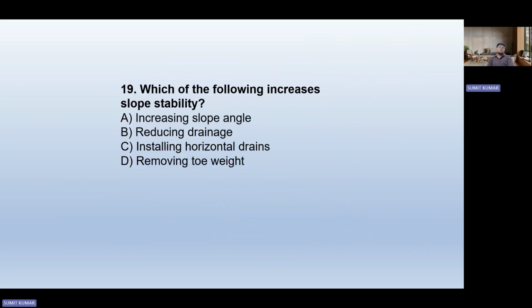Now, when we move ahead, the next question says: which of the following increases the slope stability? Our options are increasing slope angle, reducing drainage, installing horizontal drains, or removal of toe weight.